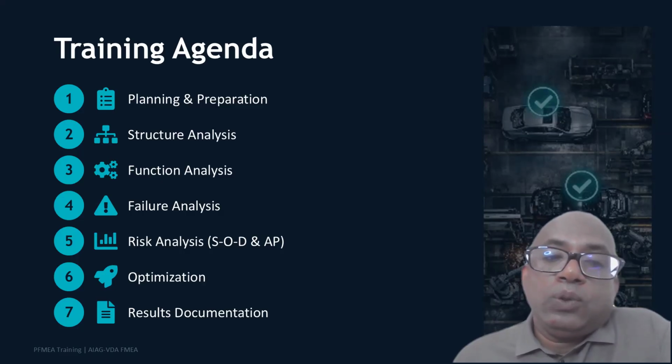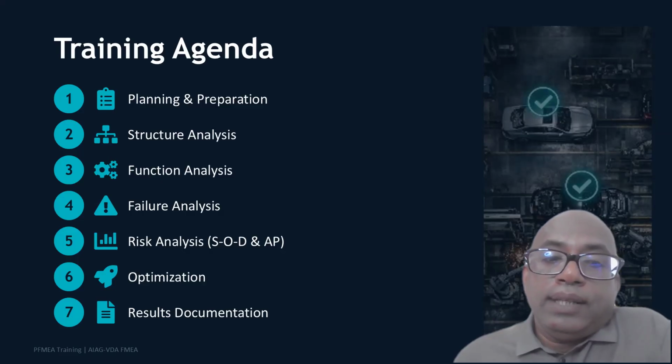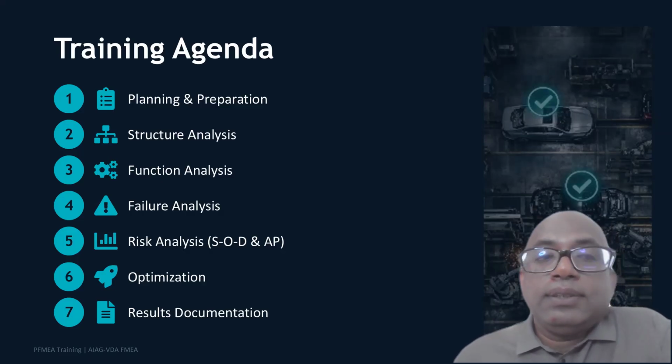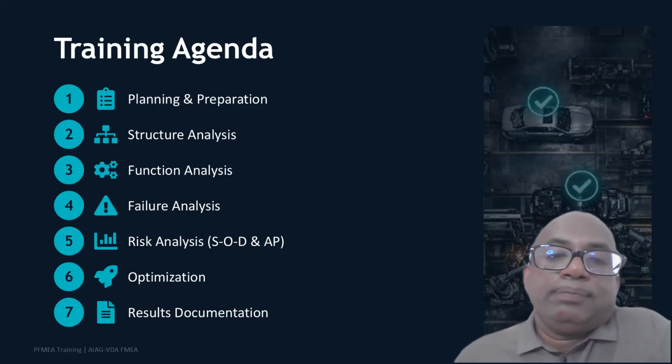In risk analysis you know severity, occurrence, and detection from the previous version, but here a special thing is introduced: the action priority. We are not talking about the RPN, risk priority number; here we call it action priority. The next one is optimization work, and finally result documentation. These are the 7 steps we have to follow under this new version.